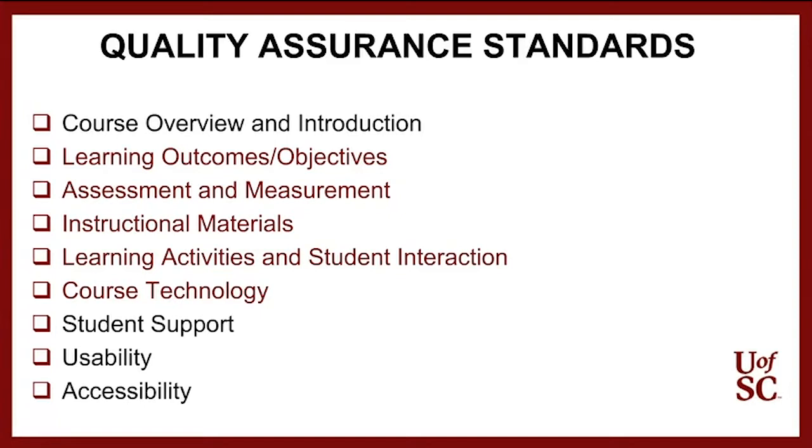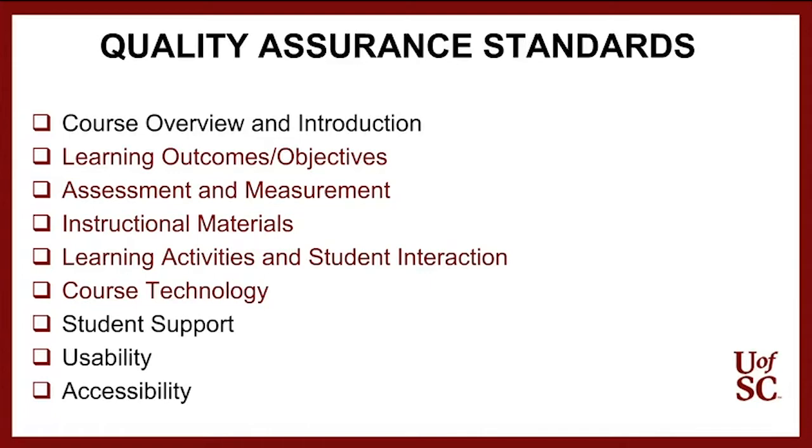Within the quality assurance standards, there are five critical components: learning outcomes and objectives, assessment and measurement, instructional materials, learning activities and student interaction, and course technology. They work together to ensure that students achieve desired learning outcomes and objectives.